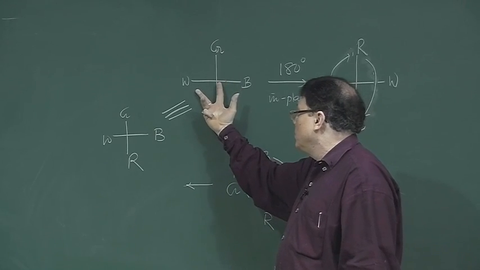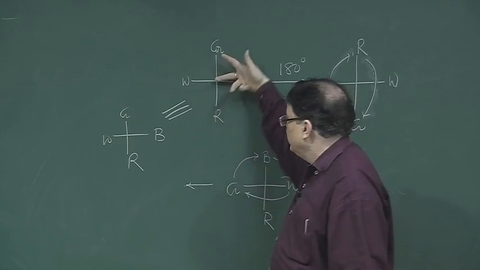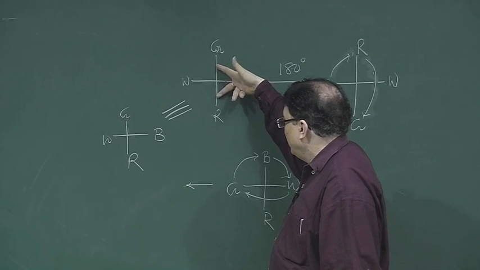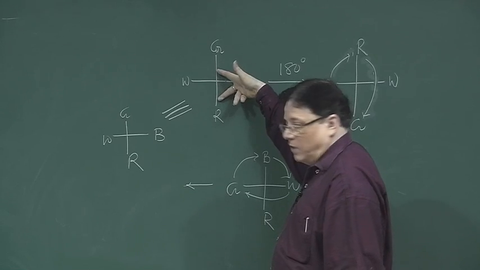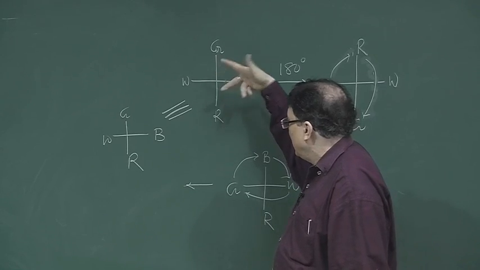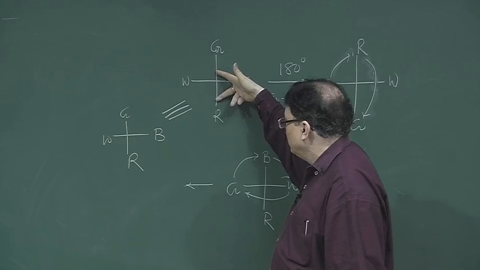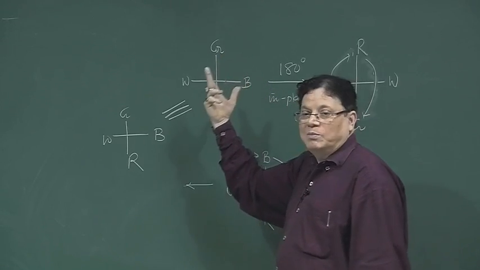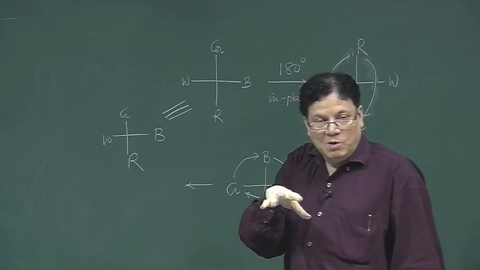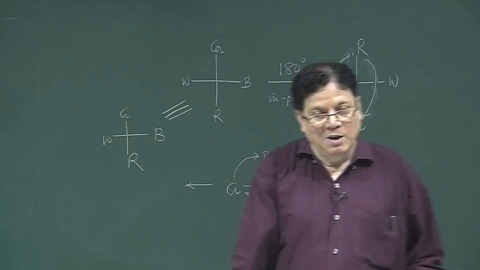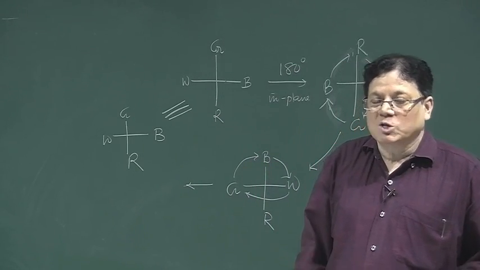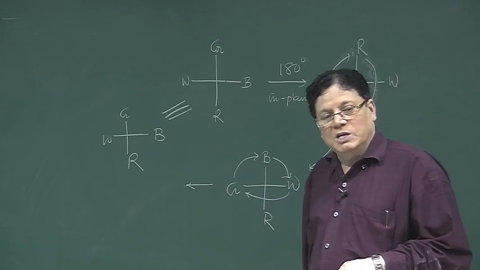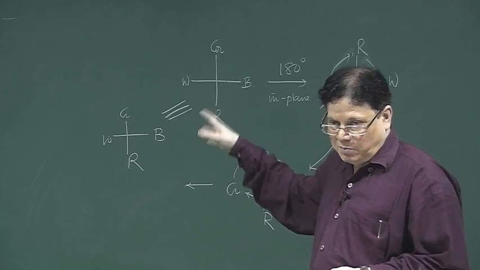These two bonds will become alpha, and these two bonds were earlier alpha, that means the dotted ones away from the board, but if you rotate it out of plane, they will come towards you. So, you are violating the basic principle of Fischer projection. That is why any out of plane rotation is not allowed in Fischer projection.